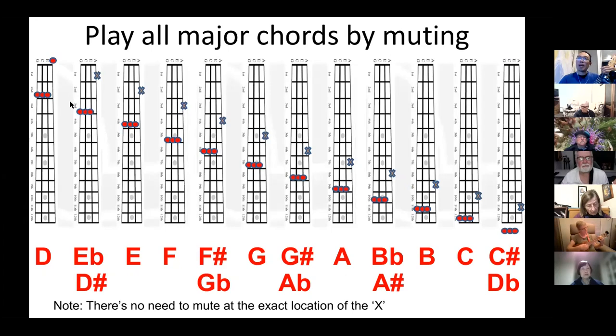So let's start here where there's a first mute here. This is E flat chord, so the 3rd fret, and then mute. Okay, then move to the next fret. Next fret. So make sure the last part is muted, the last string.